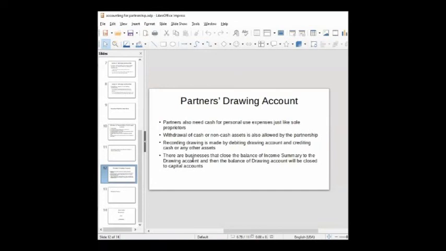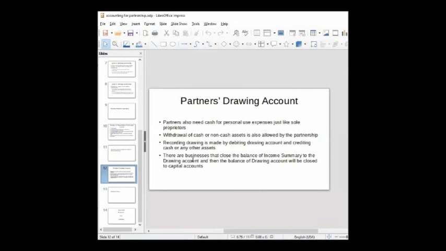Just to give you a little review, in doing that we use a temporary account, the income summary account, or ISA, or sometimes we call it the revenue and expense summary account. In the first closing entry, we debit the revenue and credit the income summary account.